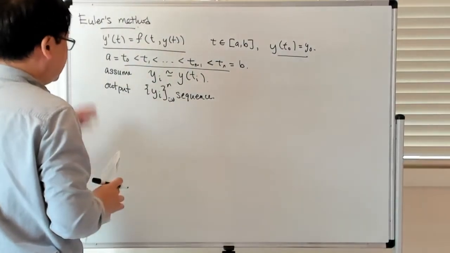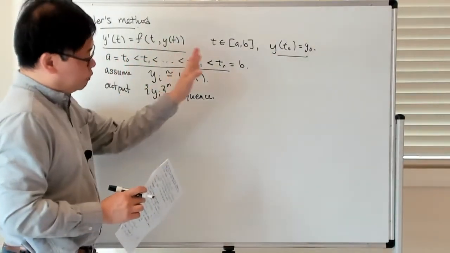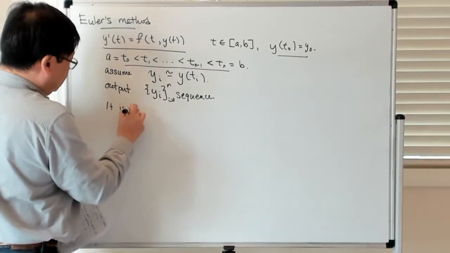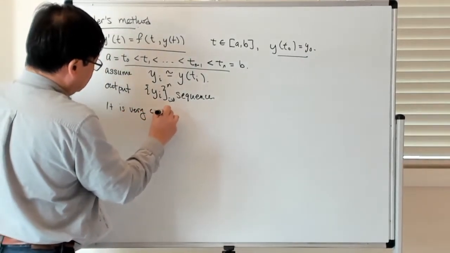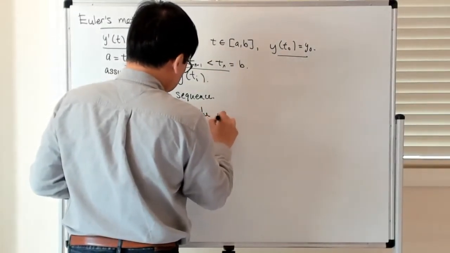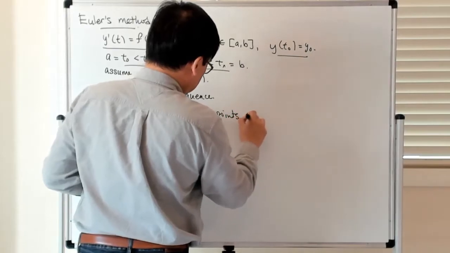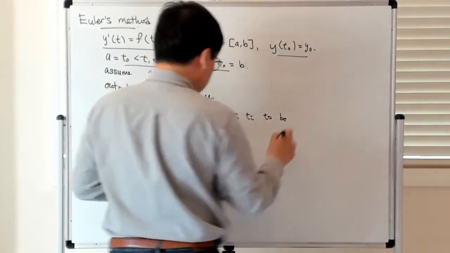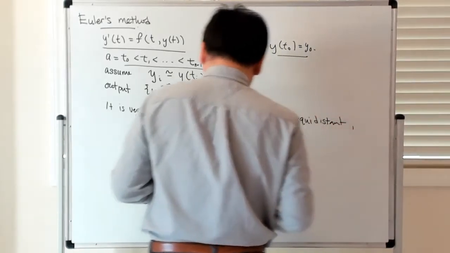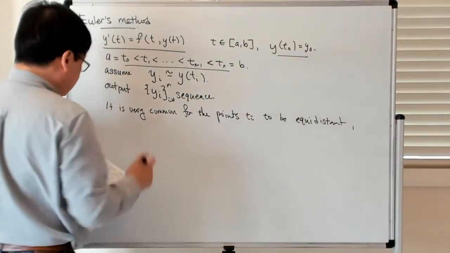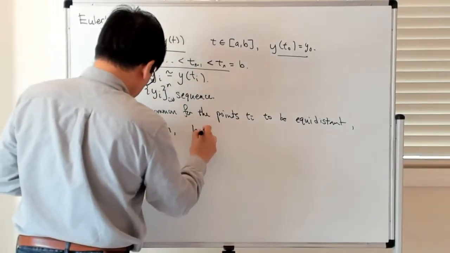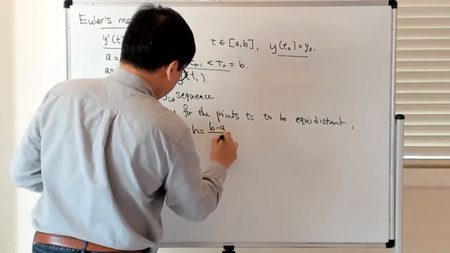So in practice, of course, it's very common for these time points ti to be equidistant, right? Okay, so that means that ti is equal to a plus i times h, where h is equal to (b minus a) over n.